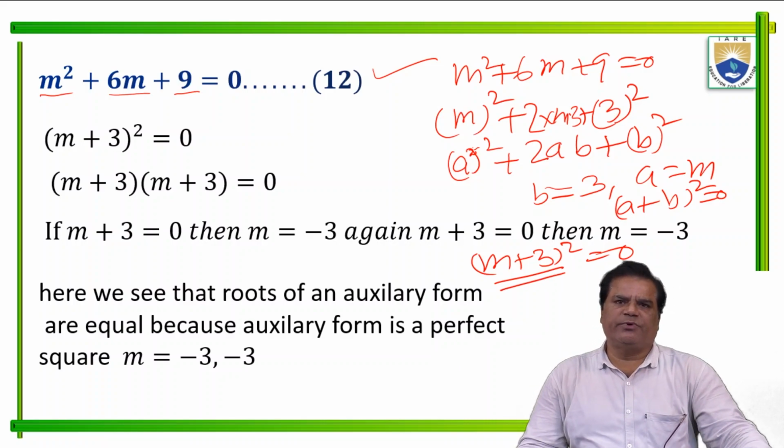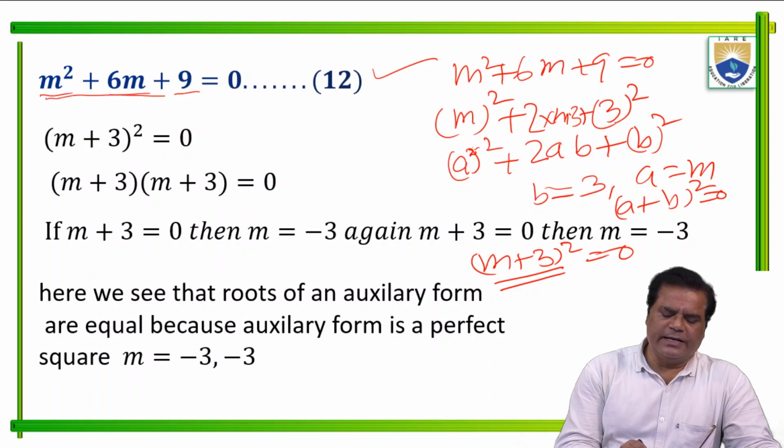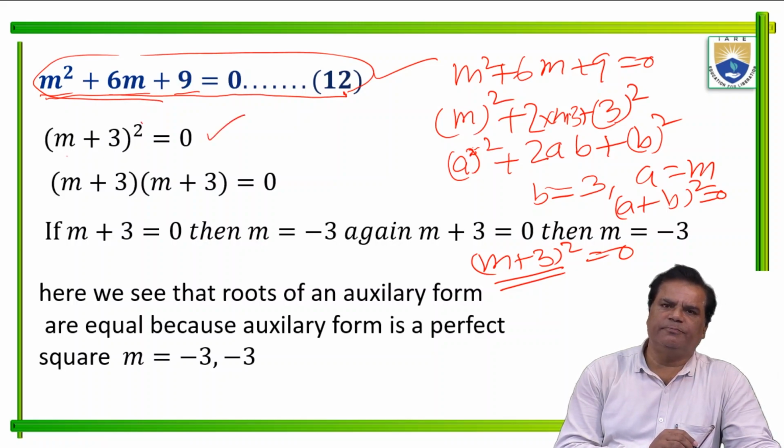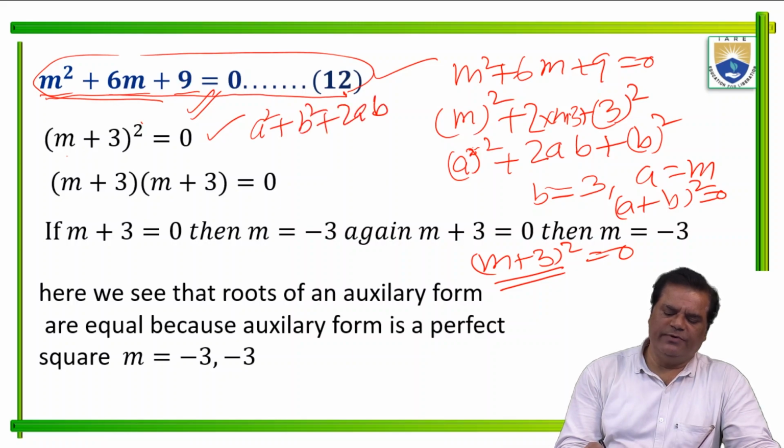This is a perfect square, so the factorization of equation 12 is m plus 3 whole square equal to 0. Here we apply the formula a square plus b square plus 2ab equals a plus b whole square.